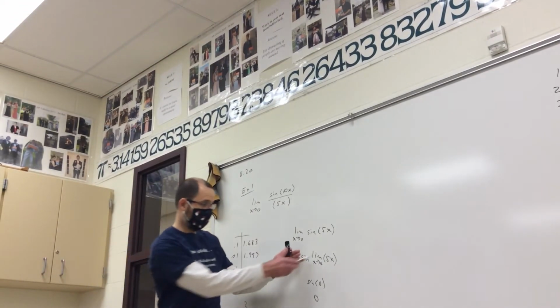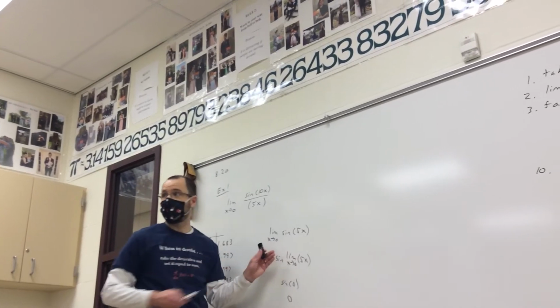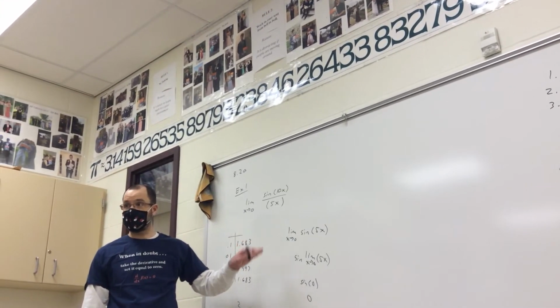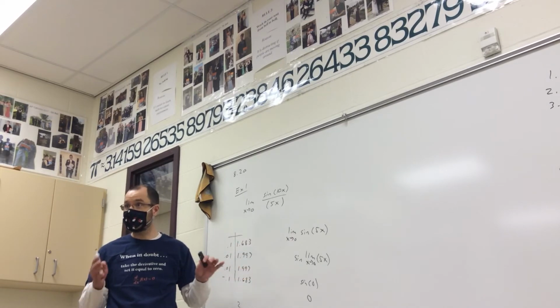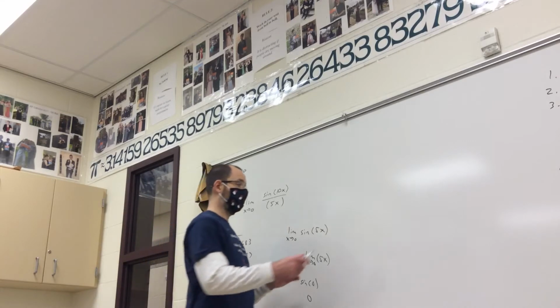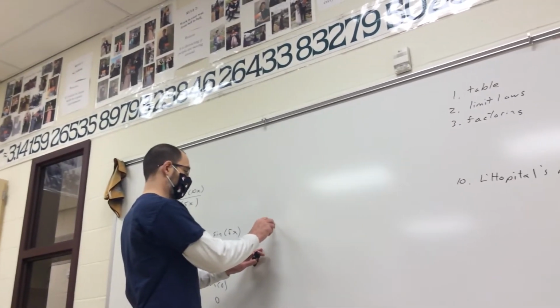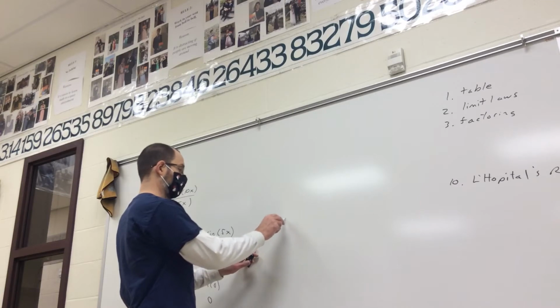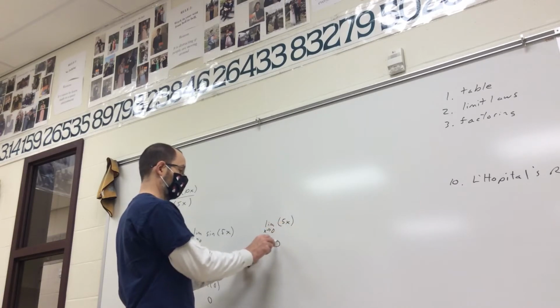So I did limit laws here, right? Okay, so I took the limit of the top by itself. Then I'm also going to take the limit of the bottom by itself. And that's 0.